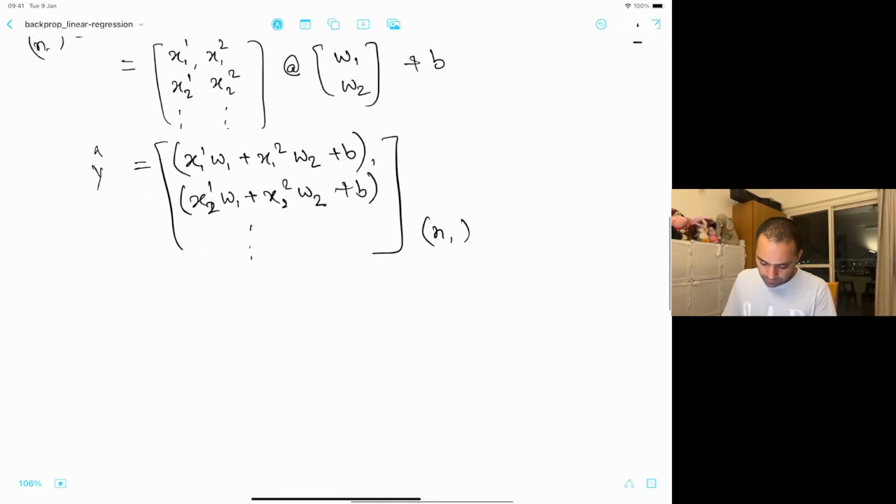If you define the loss now, it is 1 over n, summation over all i, of (y hat i minus yi) squared, the mean squared error.